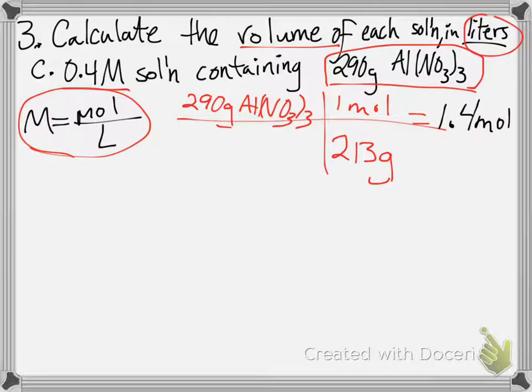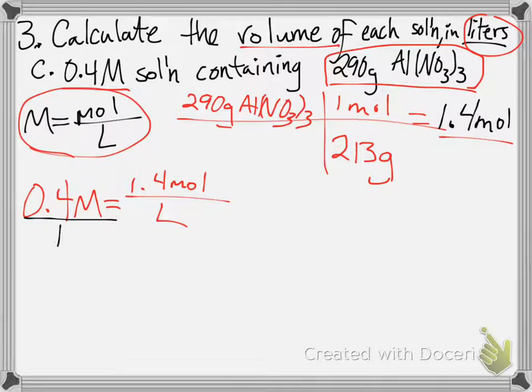So molarity equals moles over liters. Molarity, we said, is 0.4. And moles, we now say is 1.4. So 1.4 mole divided by liters, and I need to solve for liters. I would just do the crisscross method, put the molarity over 1, and then just cross multiply.